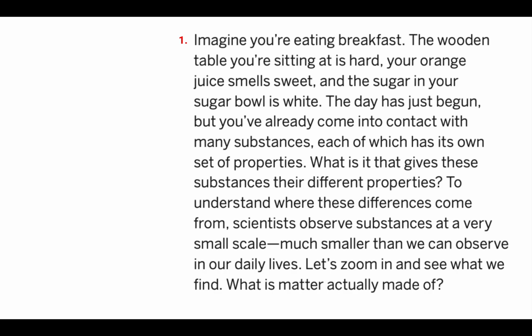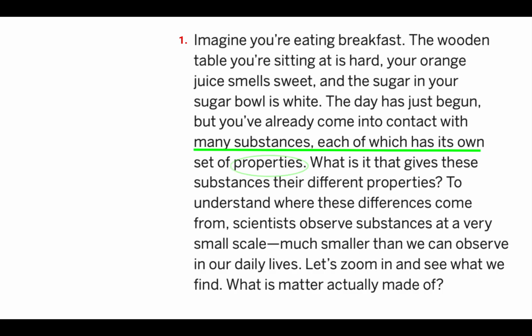Imagine you're eating breakfast. The wooden table you're sitting at is hard, your orange juice smells sweet, and the sugar in your sugar bowl is white. The day has just begun, but you've already come into contact with many substances, each of which has its own set of properties. As soon as I get done reading that, I'm like, wait a second, that sounds awful familiar.